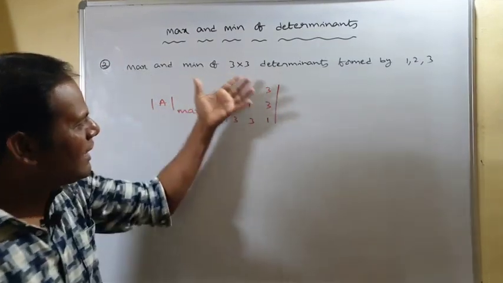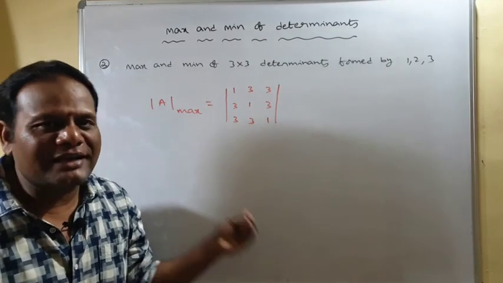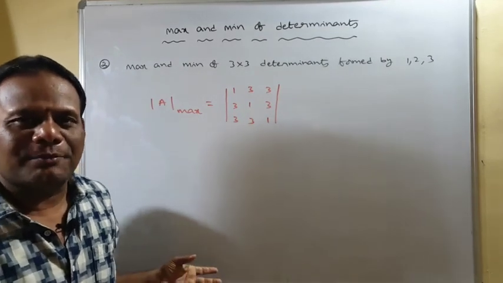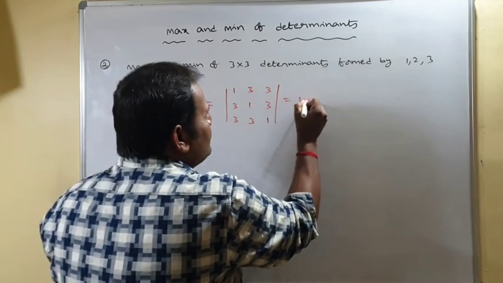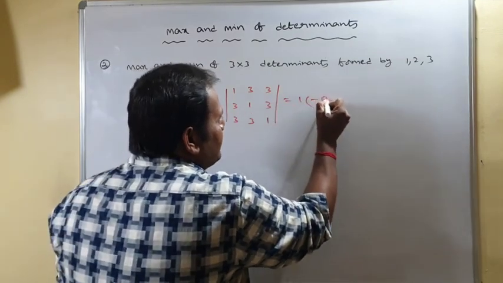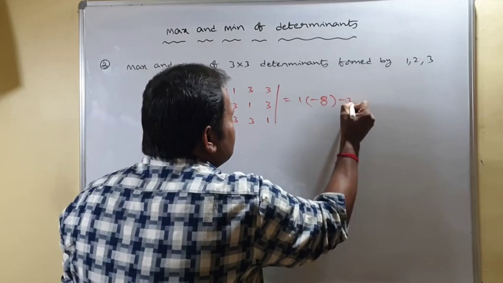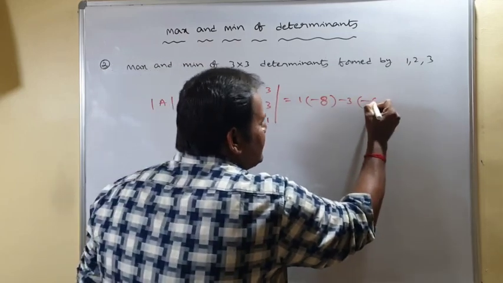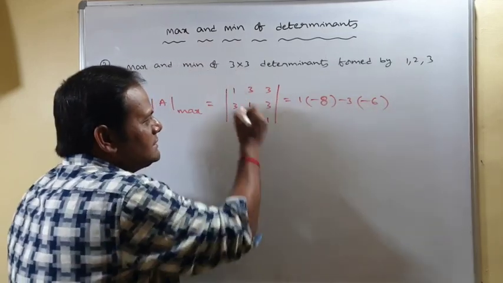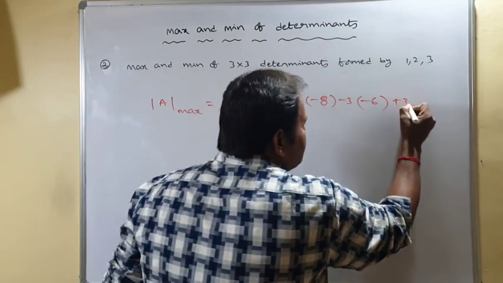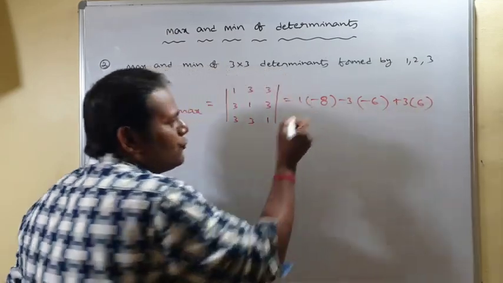That's all. Evaluate it. You can get maximum value of the determinant, that is 1 into 1 minus 9, minus 3 into 3 minus 9, plus 3 into 9 minus 3, that is 6. So what is this?